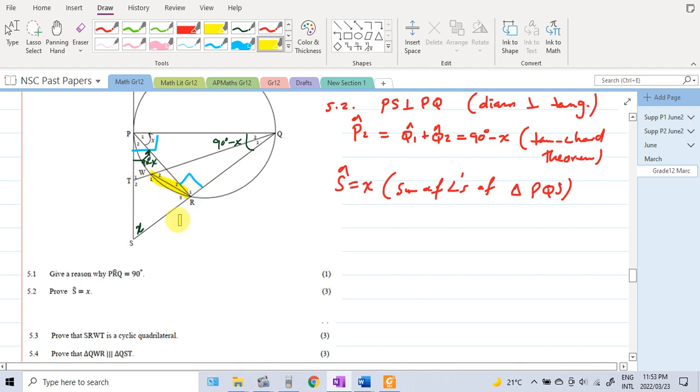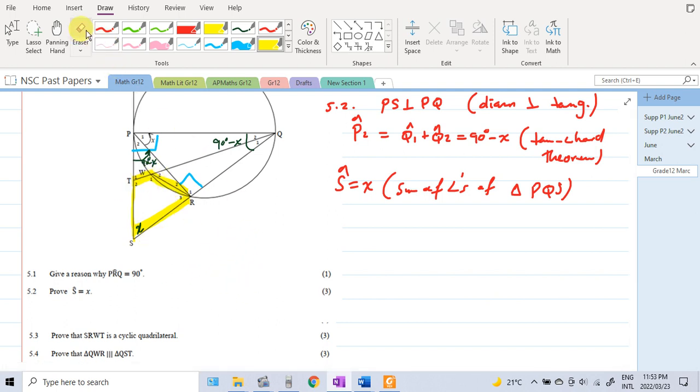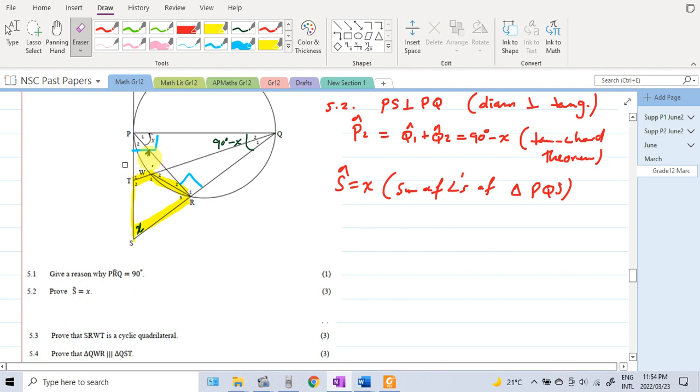So that's the cyclic quad that we want to prove. In order to prove that something is a cyclic quad, we need to prove that the exterior angle is equal to the interior opposite angle, or that opposite angles of a cyclic quad are supplementary. Obviously we can't find angles in same segments here. That's the only problem. So how can we solve this? That's 90 minus x. That was 90 minus x there. That was 90 minus x here.